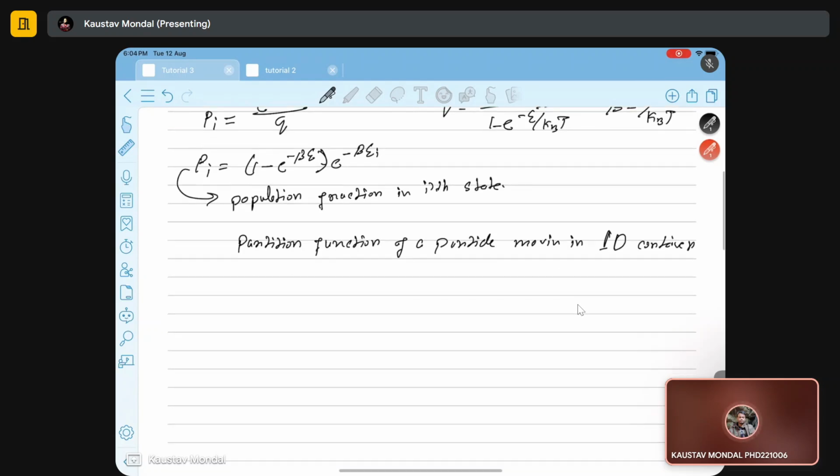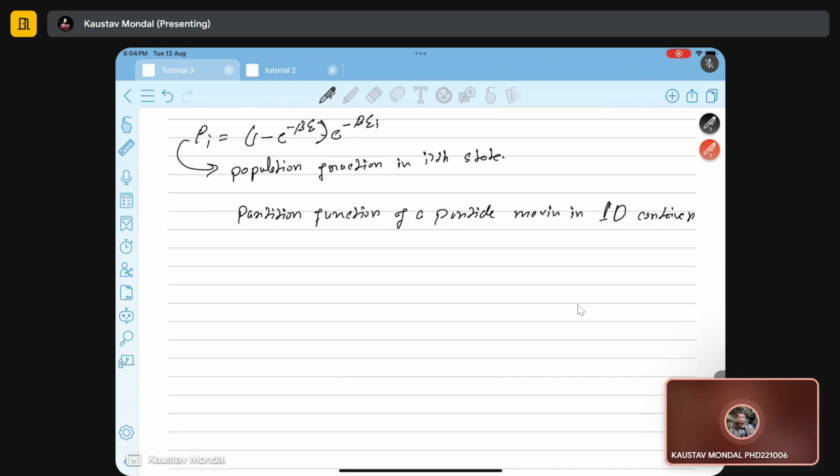So we know from quantum mechanics that if a particle is moving in a 1D container, its energy levels are given by this: E_n equal to n square pi square h bar square by 2m x square, where n has values 1, 2, 3, and so on. So these are the energy states of a particle in a 1D container.